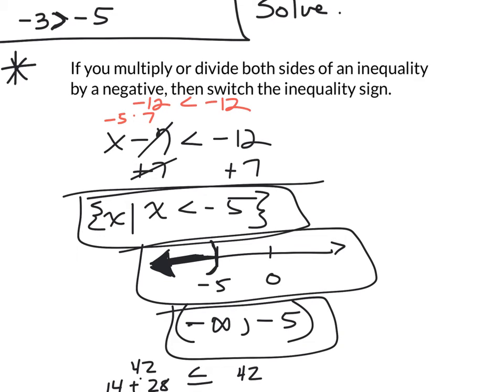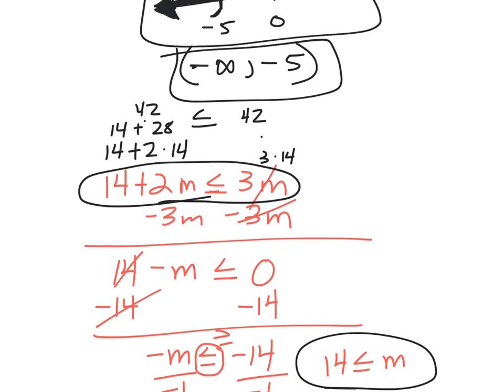So negative 5 is not part of the answer. We go all the way up to negative 5. Negative 4.99 would work. Negative 4.9 would work. Negative 5 itself makes the original statement not true. So we don't want to include it, so it gets a parenthesis. Good question, hopefully an acceptable answer.